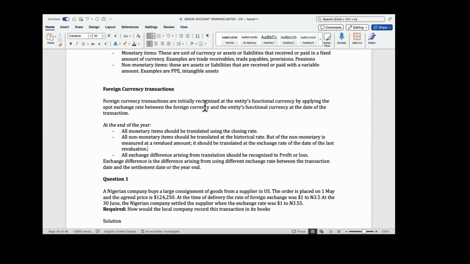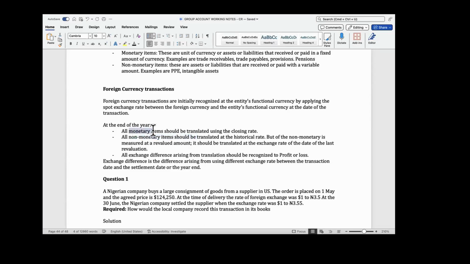At the end of the year, you don't retranslate the naira amount of that asset again because the standard here says that it should be translated at the historical rates, meaning whatever time it is in your book, it will be translated at the rate when you bought it, at the exchange rate at that date when you bought it, right?